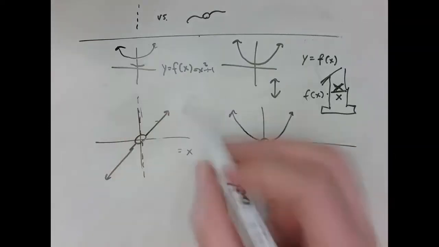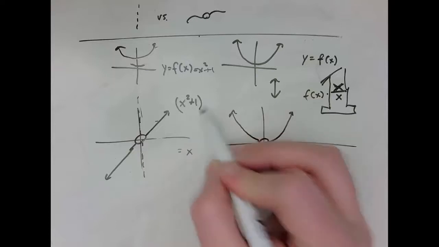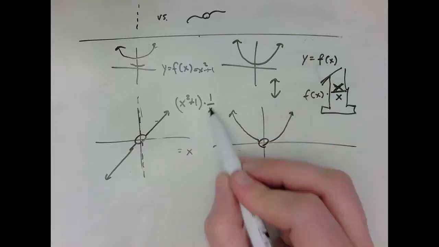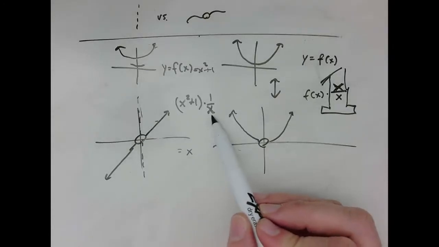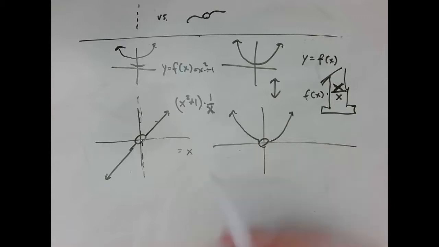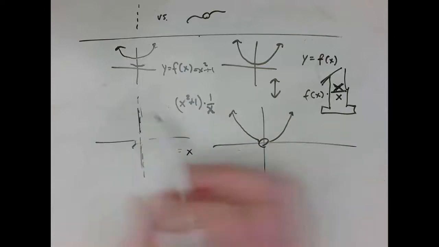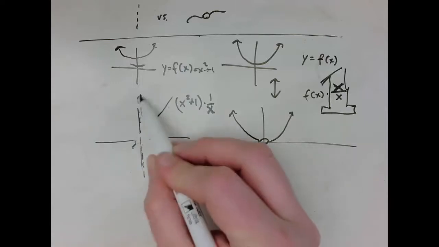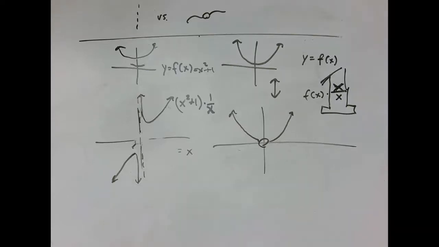So now if I have x squared plus 1 times 1 over x, now the x is no longer a factor of the numerator, so I can't simplify it away. So here I really will have something that looks like my original quadratic, except that it's going to be forced this way. Let's actually just check it out on Desmos real quick.